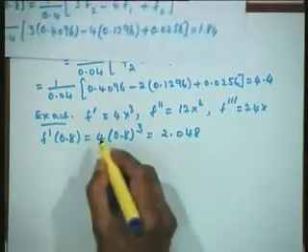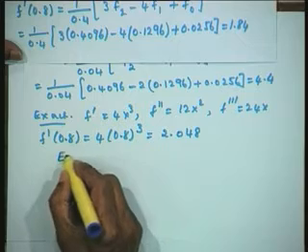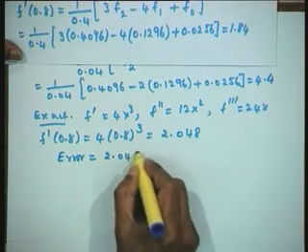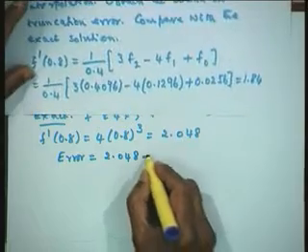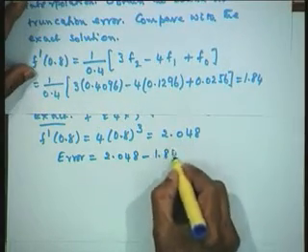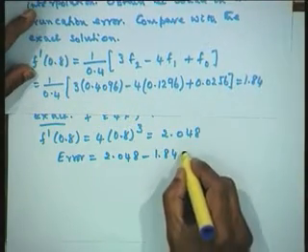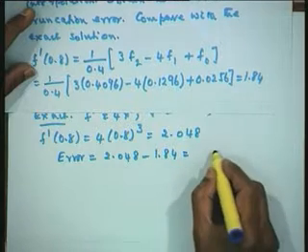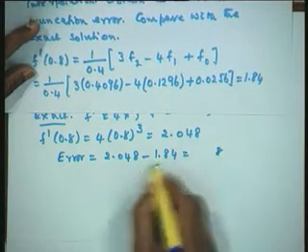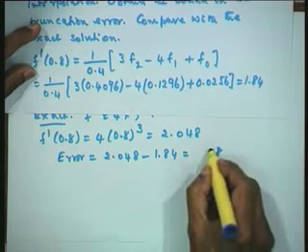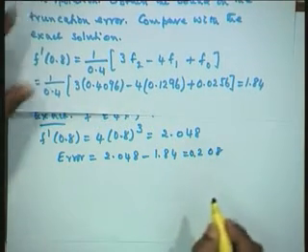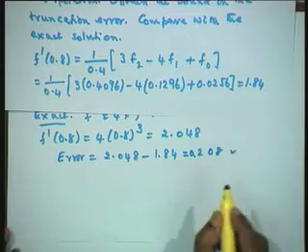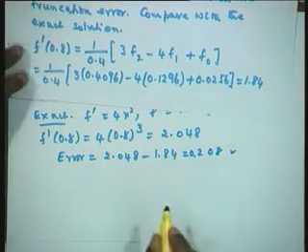Now, before we find the second derivative, let us find out what is the error. The error is 2.048, the exact solution, minus 1.84, the solution which we have got here. Therefore, you have got 0.28. 0.28 is the error, it is quite a large error. Let us see why it is happening, we can find it out.